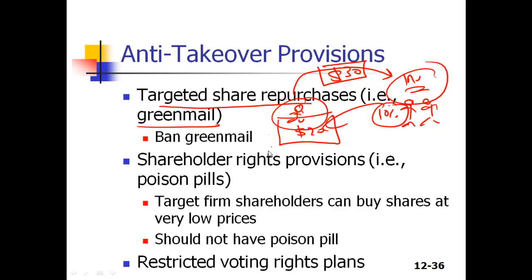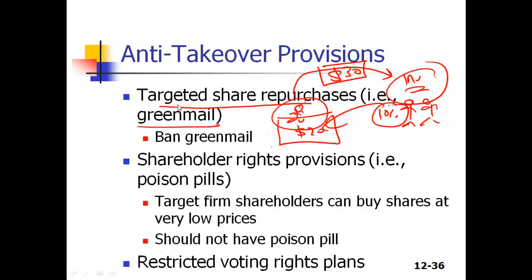The owner of the company would like whoever can come in and maximize the value of the firm to take over the company. At the end of the day, when you own a share, what are you concerned with? The value of that share and dividends. It's what's in it for you. You're not concerned with management, as long as the management that works for you does a good job and maximizes the value of the firm.